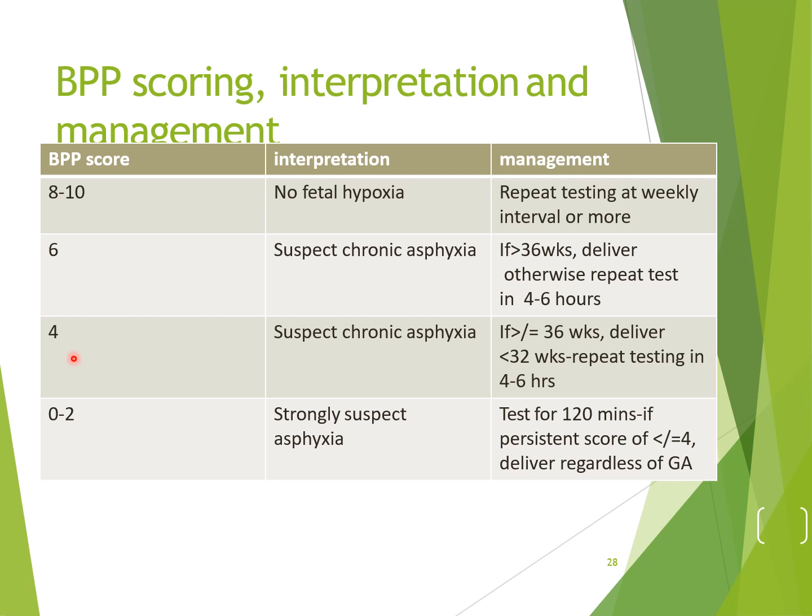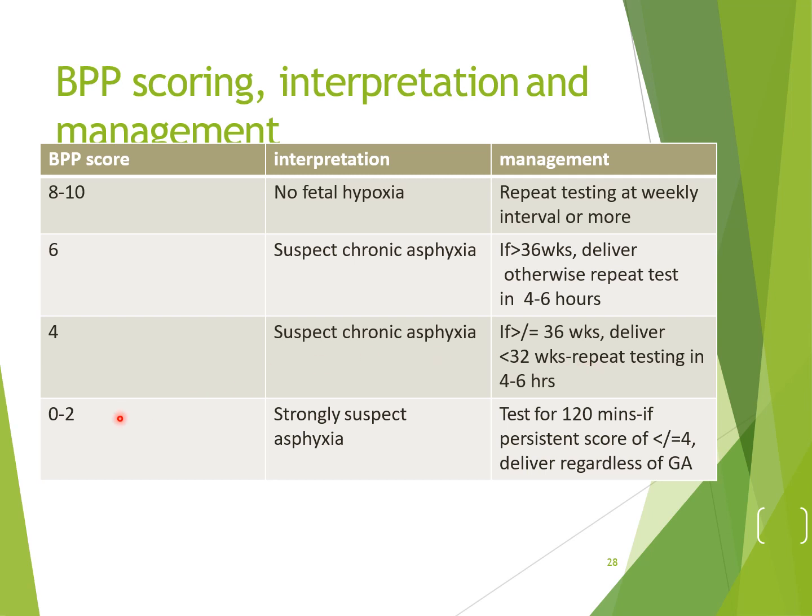And if the score is 4, here also you can suspect severe or chronic asphyxia of the baby. If the pregnancy is above 36 weeks, we can go for the delivery of the baby immediately. If it is below 32 weeks, if the delivery occurs, it will be difficult for the baby to survive. You just repeat the test in 4 to 6 hours and confirm the problem.